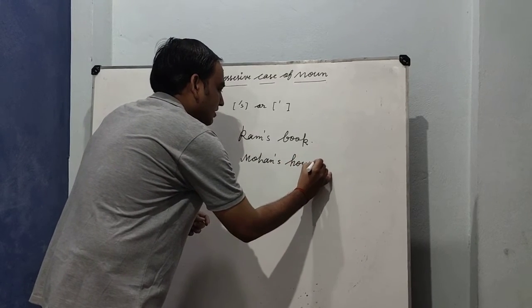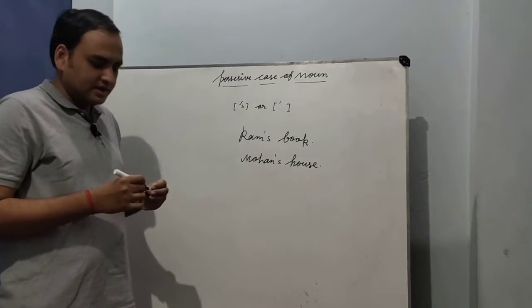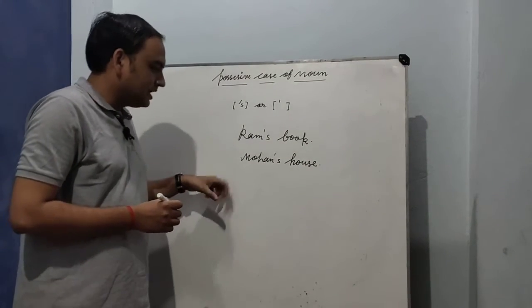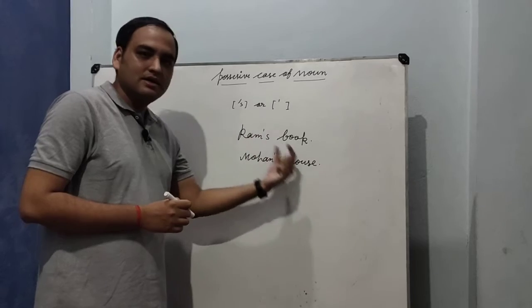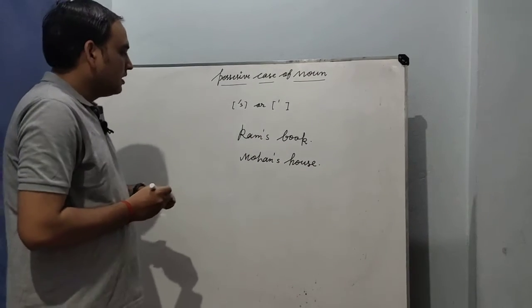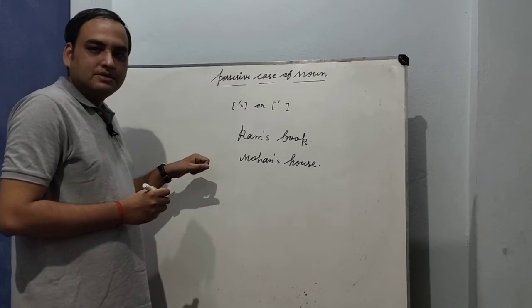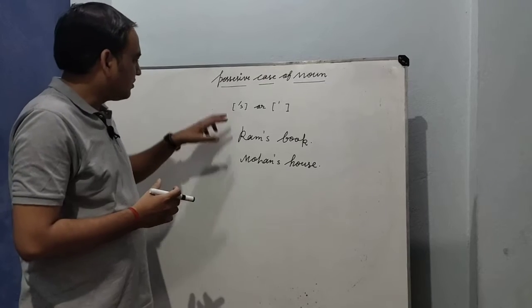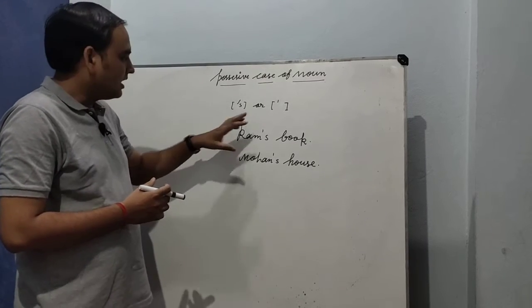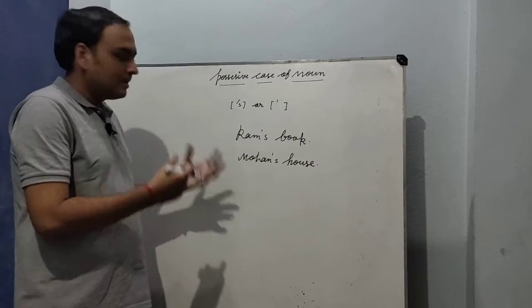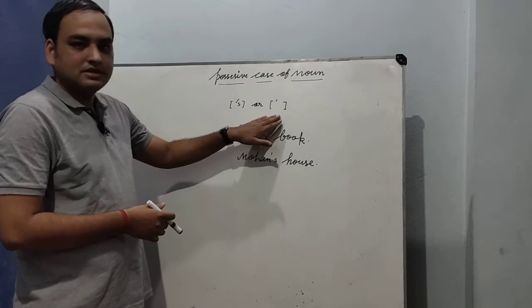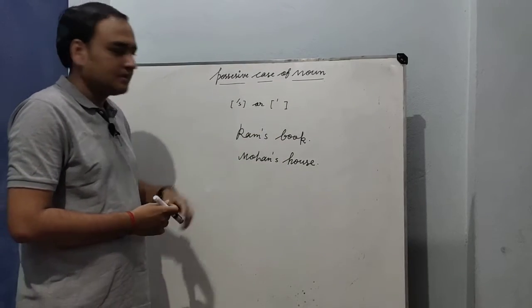Here we are talking about a house whose owner is Mohan. It means Mohan's house, Mohan ka ghar. So these were the examples where we used apostrophe with s, and we will use some other examples for this case of apostrophe.